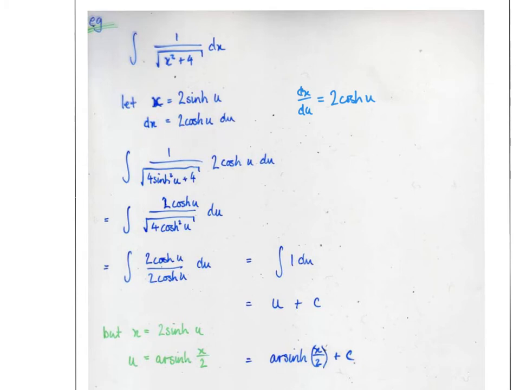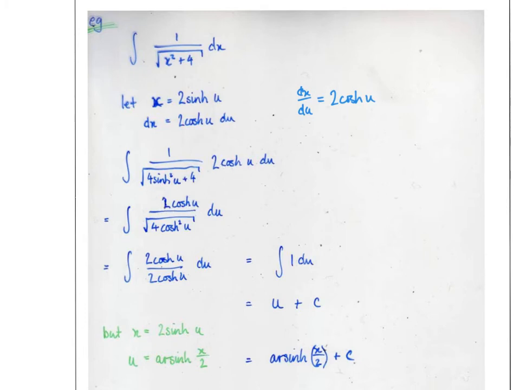And so we're going to substitute this all in. For dx, we substitute 2 cos u du. Instead of x squared plus 4, we now have 2 sine u all squared, which is 4 sine squared u plus 4. The top line there, 1 times that gives me 2 cos u.